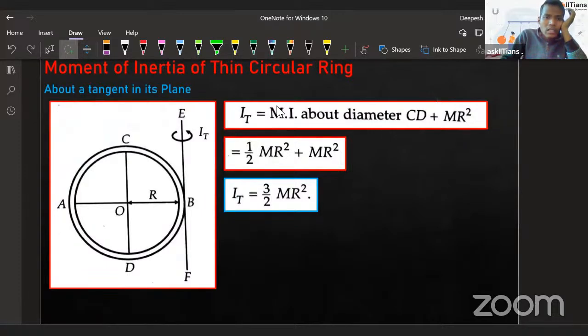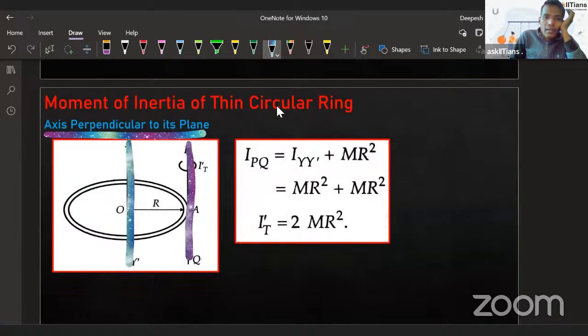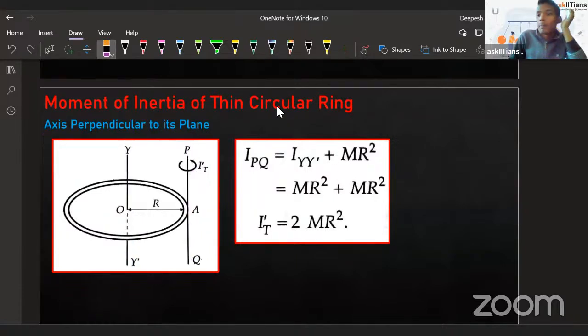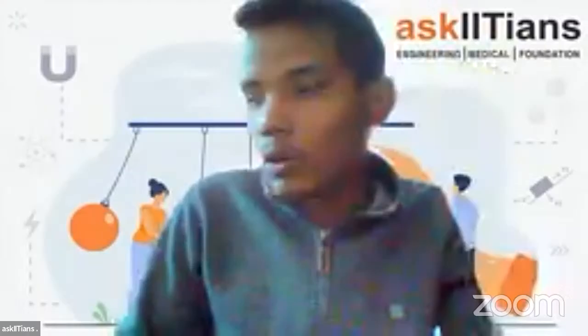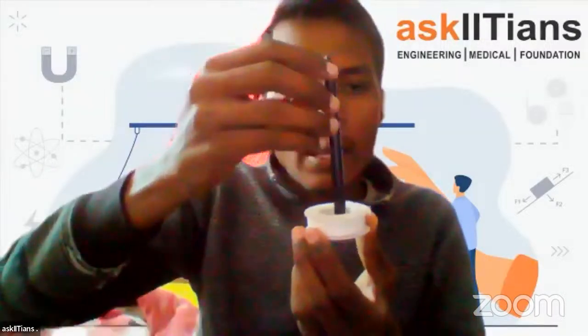Similarly, what if the situation is an axis perpendicular to its plane? So this is the axis, and this is also an axis which is tangent but perpendicular to the plane. What does that mean? This is a ring, and this axis passing through the center of mass, which we calculated from the start, gives mr square. But now I have an axis tangent like this.